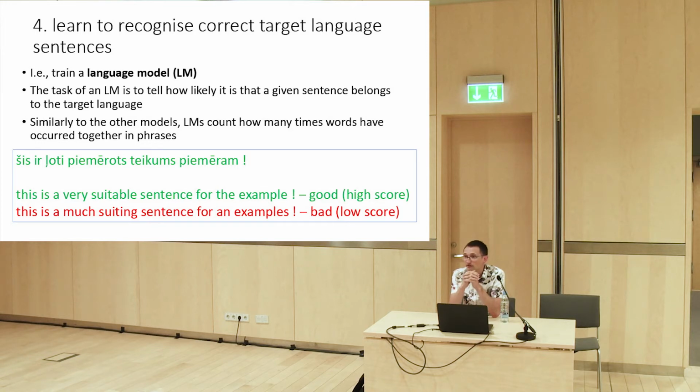So the language model doesn't have to know what the source language is, and it does not even have to know that we are doing machine translation, which is why statistical machine translation does not always work well, and there's only so much that we can achieve with it, because all of the models are independent.